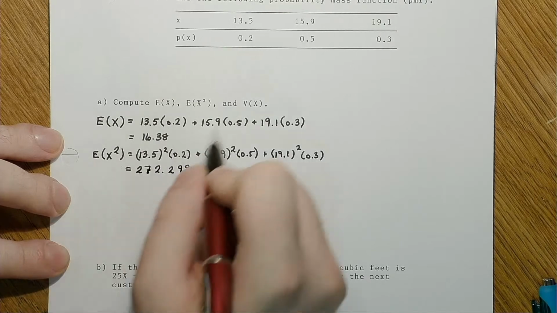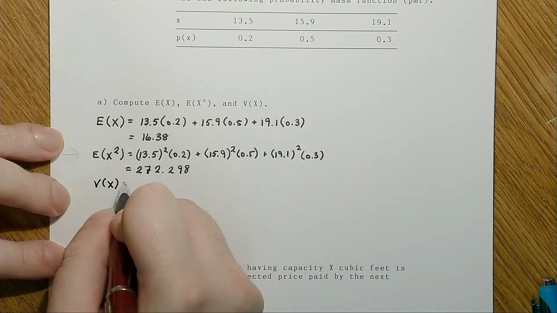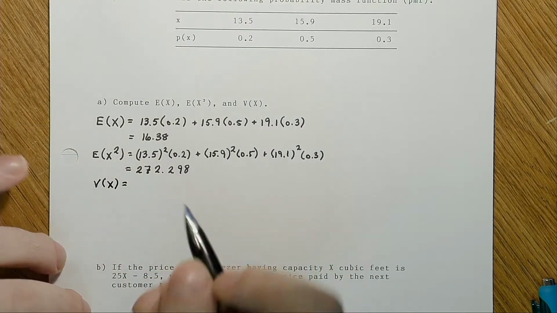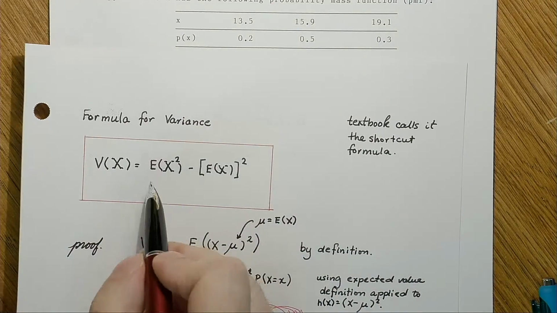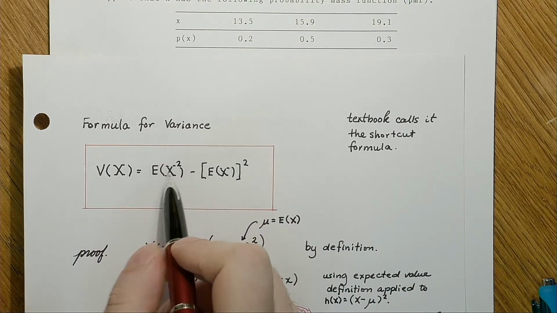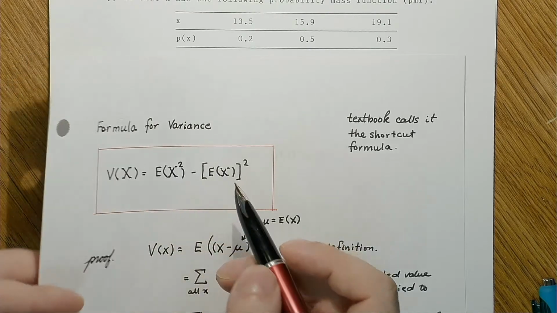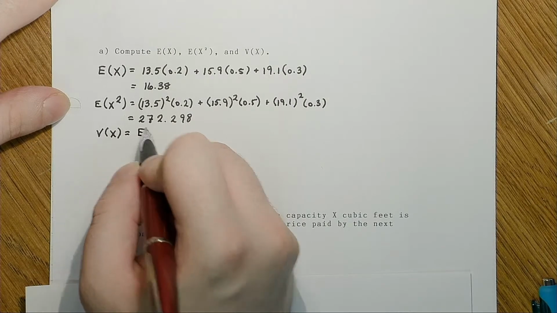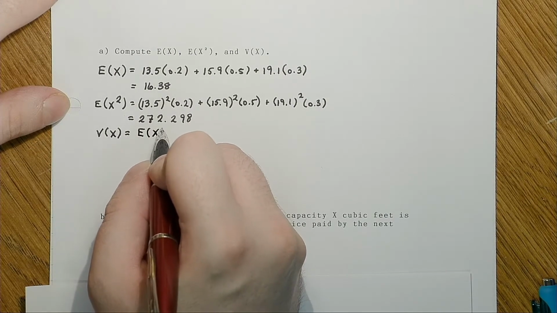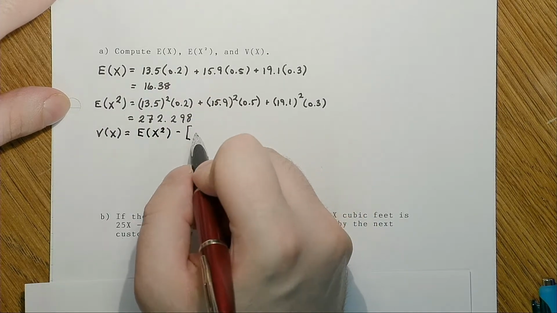And they want us to calculate the variance of x. So what we can do is use that formula that we had: the expected value of x squared minus the expected value all squared. So writing that down, which is kind of nice because that's what we calculated.